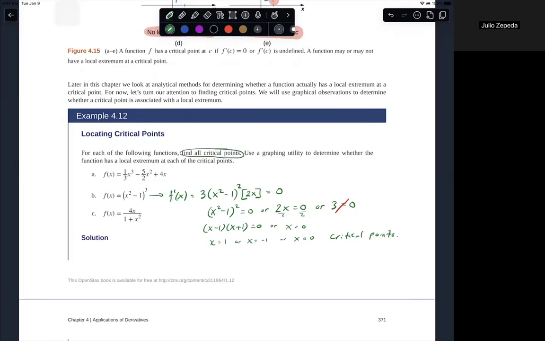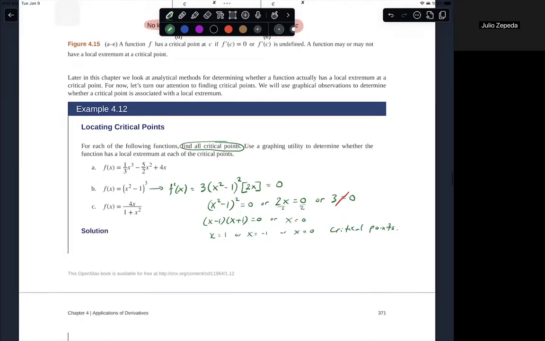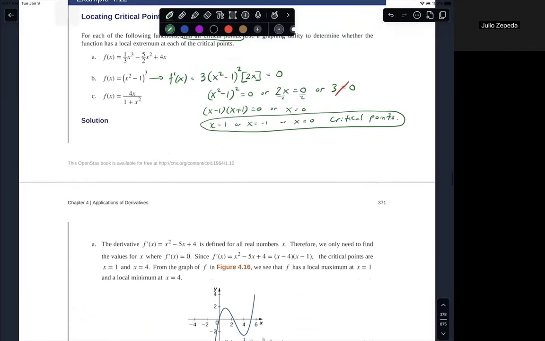And then use a graphing utility to determine whether the function has local extremum at each of the critical points. In section 4.5, we will go over a method for doing this without a graphing utility. But for right now, we'll leave it at this. So let's go ahead and scroll and see if any of these three are local max or min.